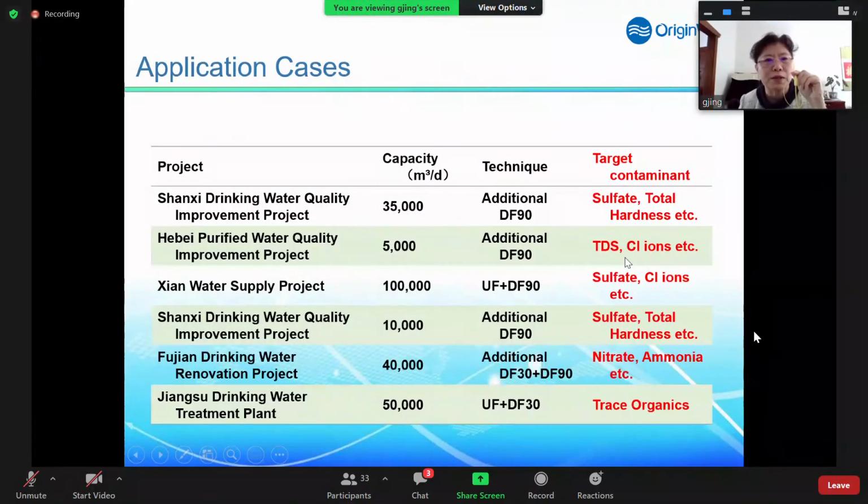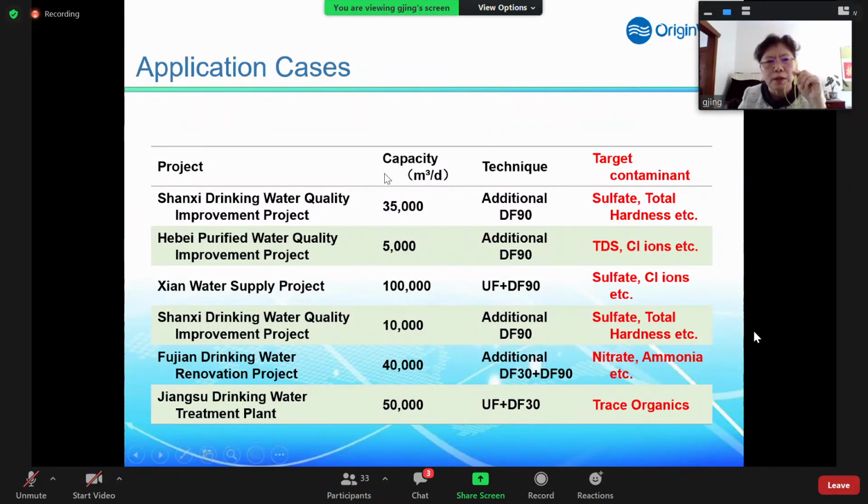Here are some application cases in China. Even though they use nanofiltration on a small scale, not really a large-scale water treatment plant, those improvements of water quality help the process meet the drinking water requirement in China.